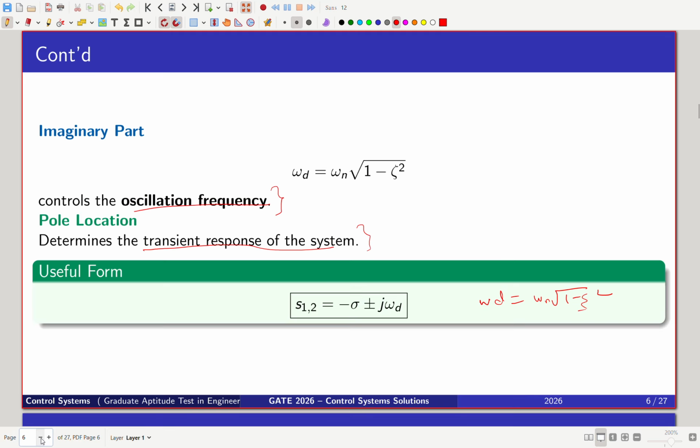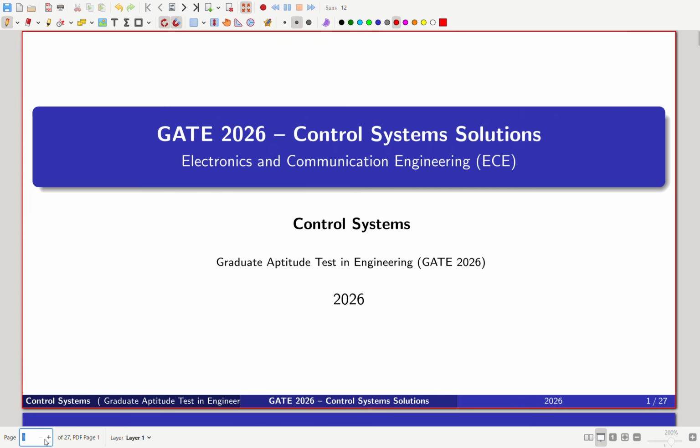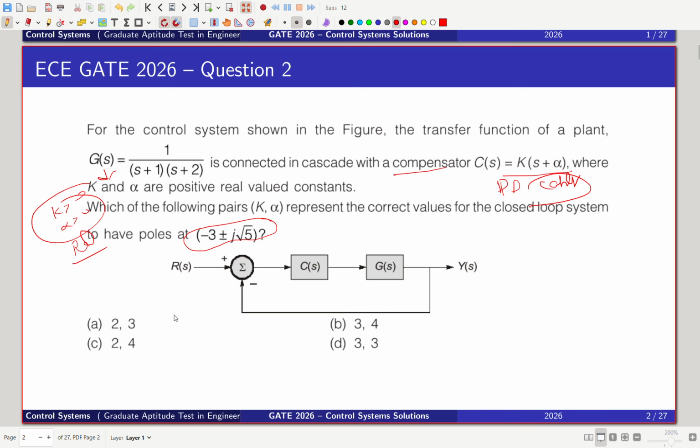Let's go back and check the options. So 3 and 4 is the answer, right? Hope you understood this question. It is related to pole placement. We need to design a compensator such that we change the poles from the given poles, s plus 1 and s plus 2, to this position.